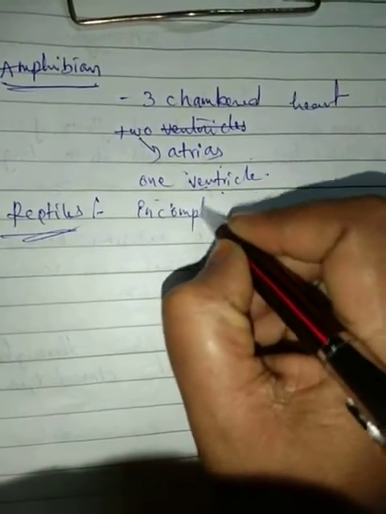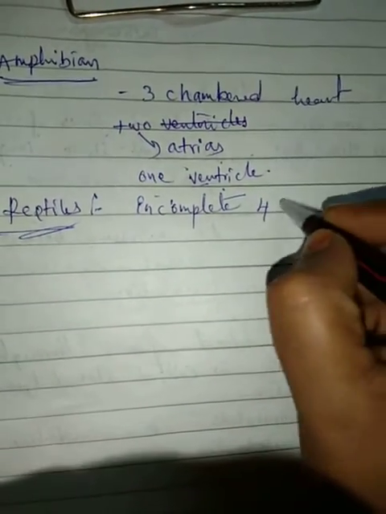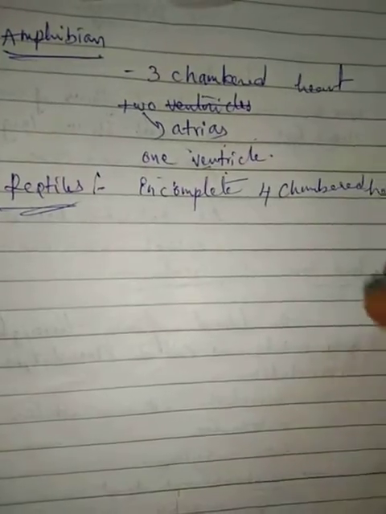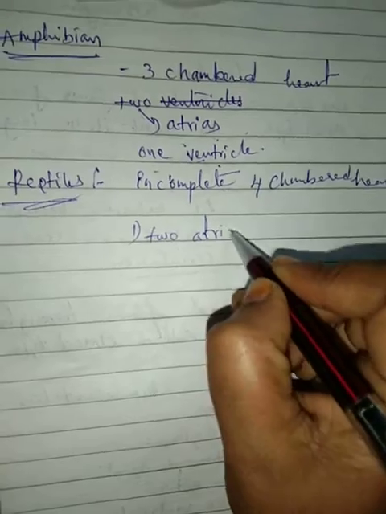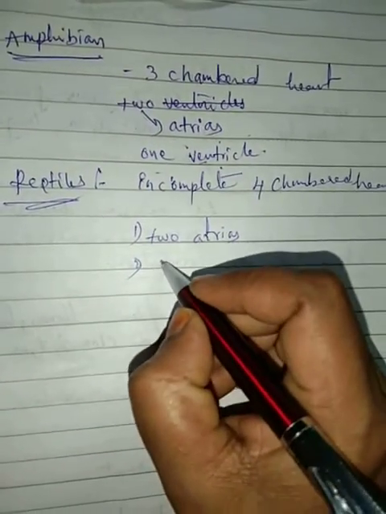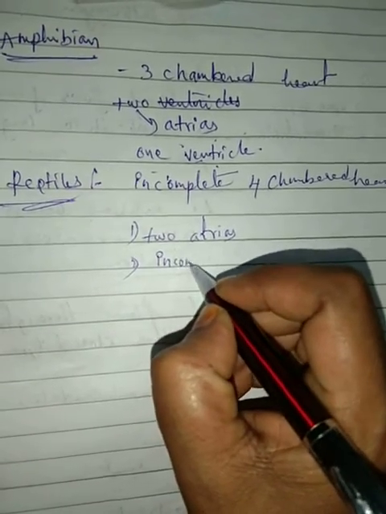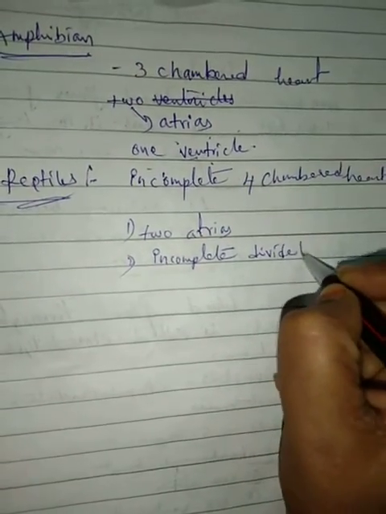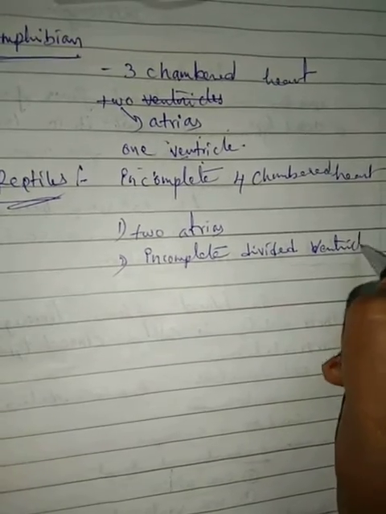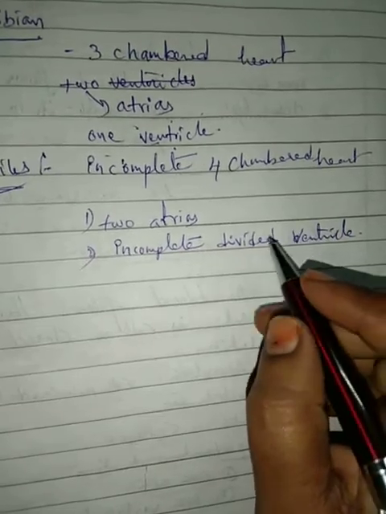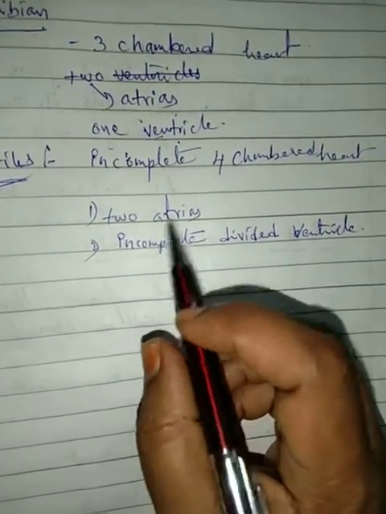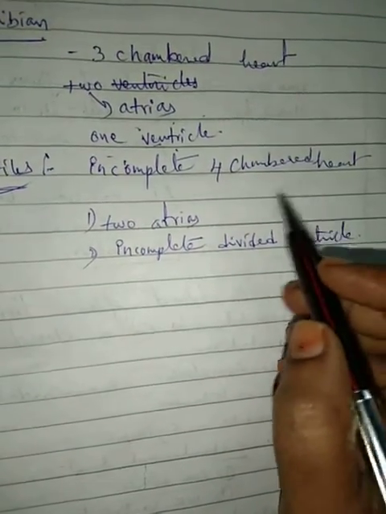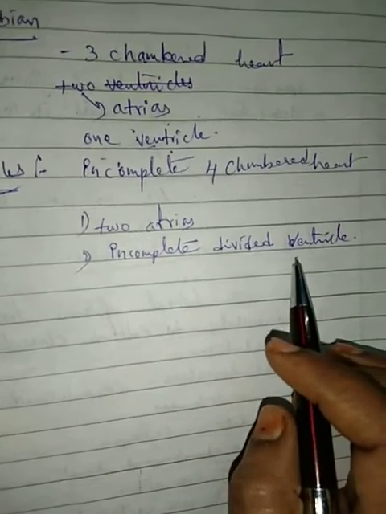Two atria and an incompletely divided ventricle. That is the reptiles' heart.